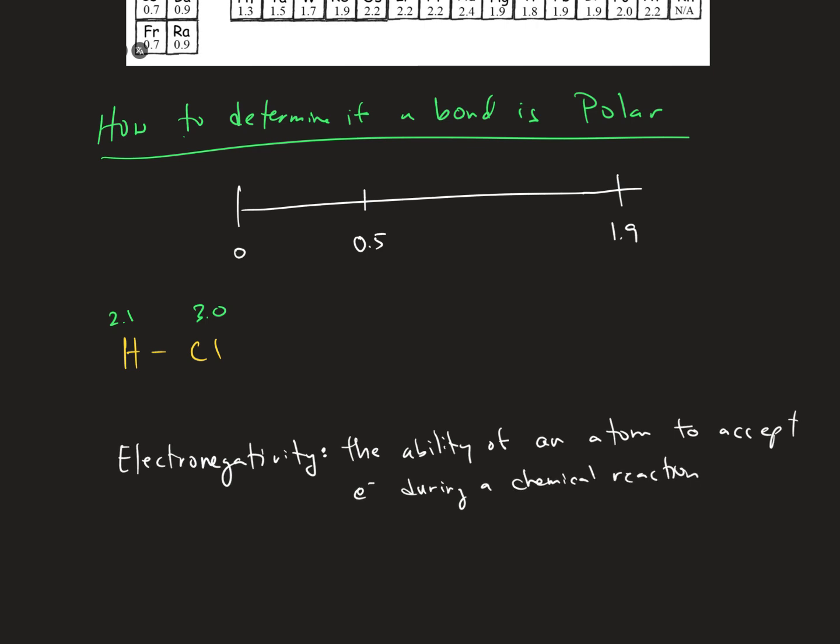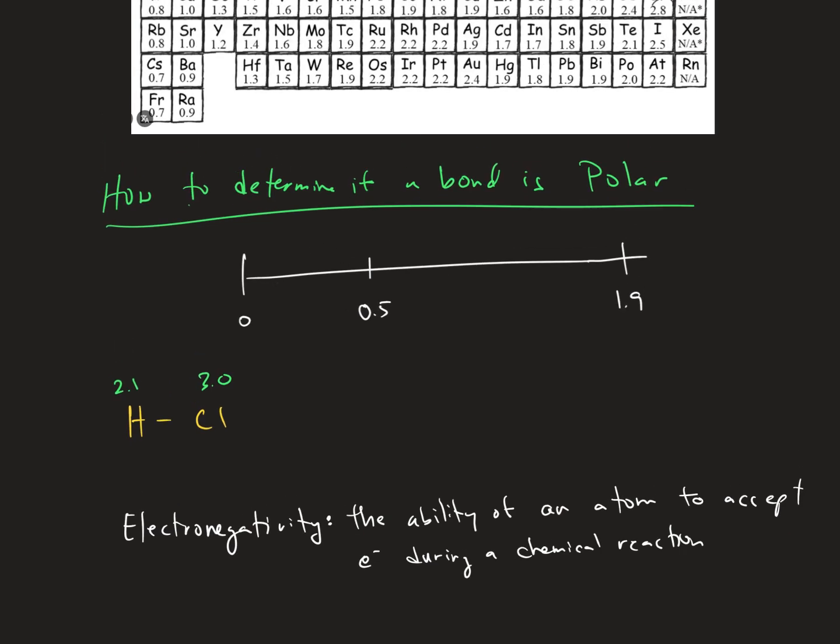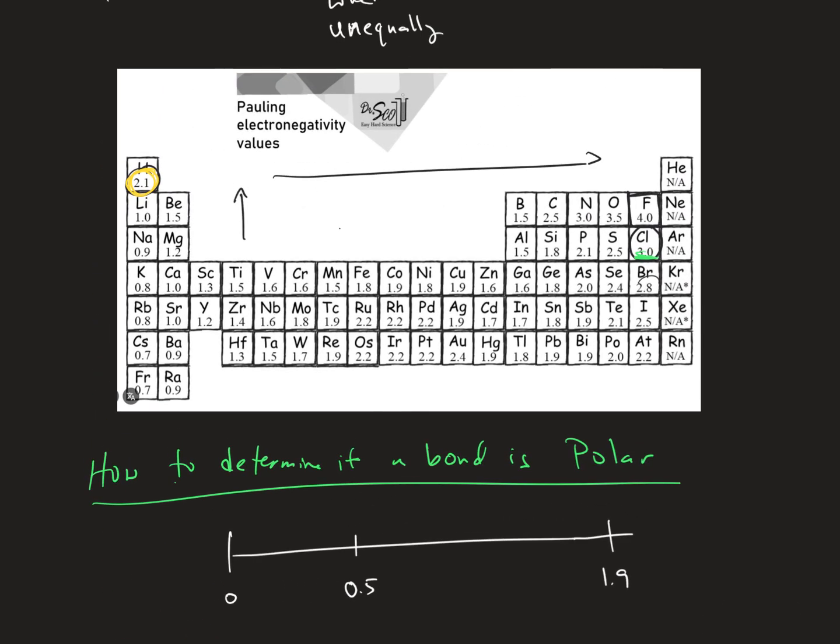Why do I say during a chemical reaction? Because it won't happen in any other way. It has to be during a chemical reaction. So fluorine wants to accept that electron more than any other atom on the periodic table.